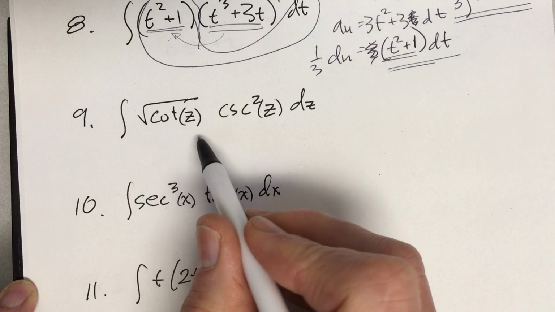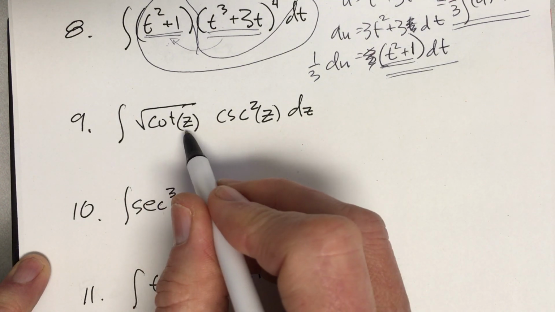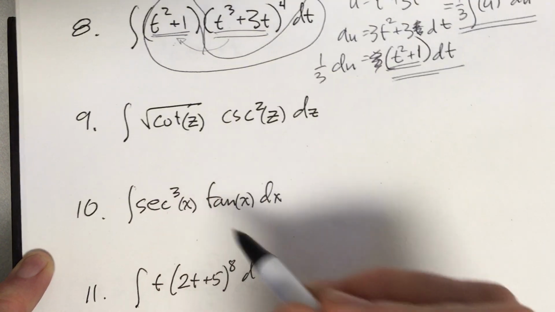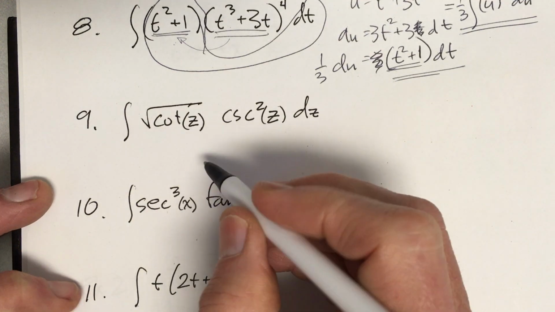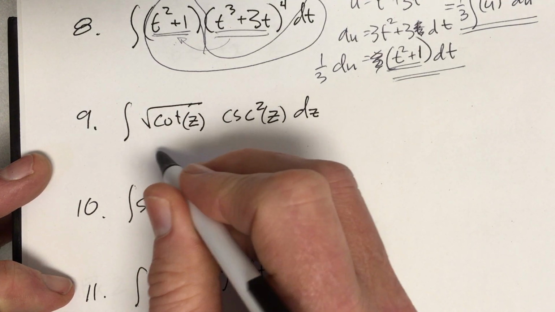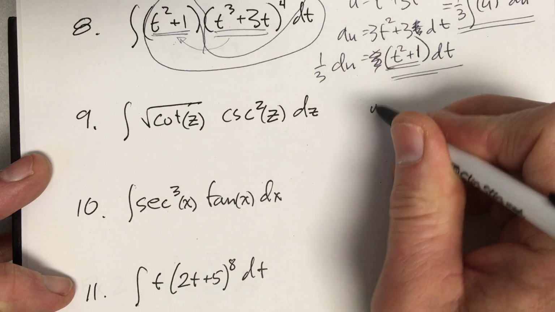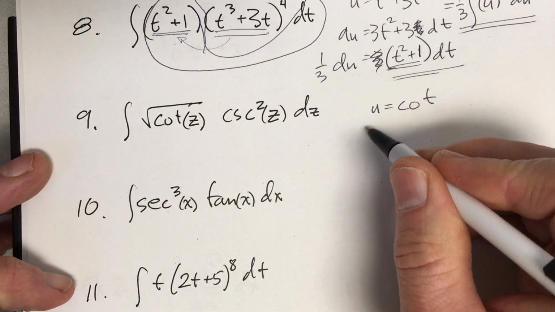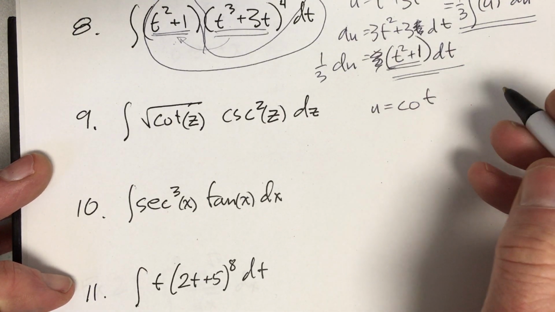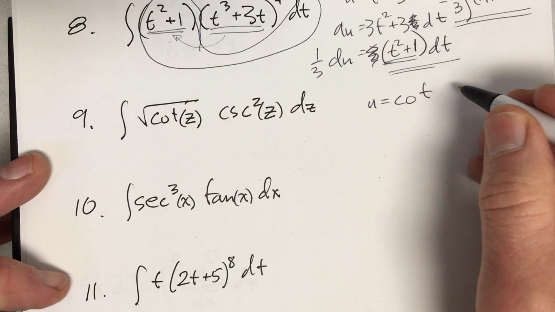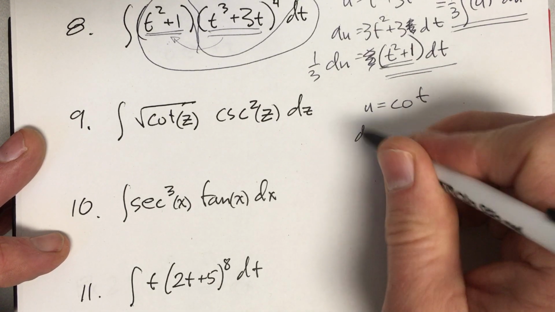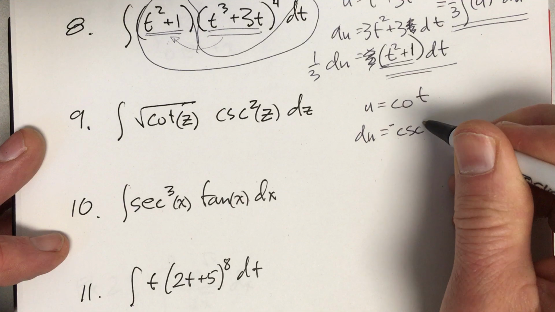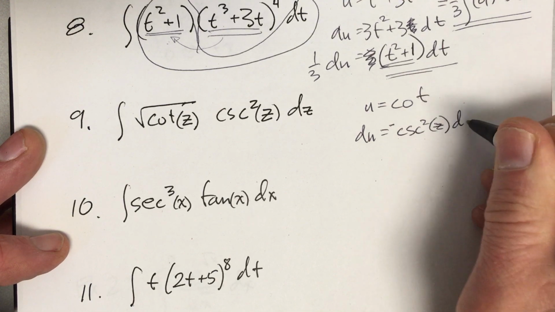Okay, now they're getting a little bit more complicated. So if I've got the cotangent of z under the square root, and this is cosecant, do you remember the relationship here where you're looking for something and then its derivative? Well, the derivative of the tangent is secant squared, the derivative of the cotangent is cosecant squared, but minus, and that's dz.